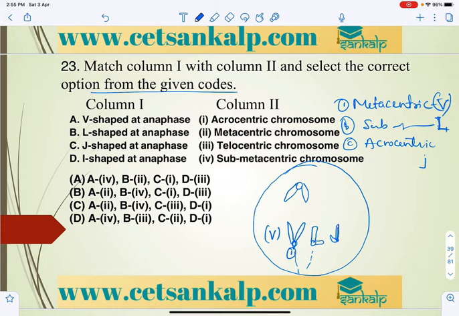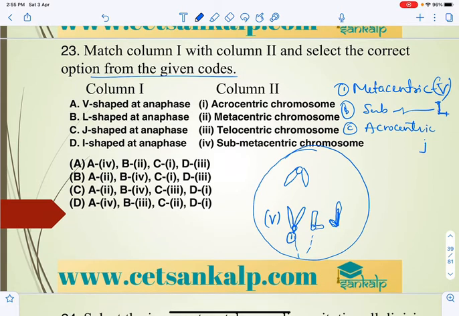One is completely long, the other one is very short, and in some it is I-shaped. So that is where we can say the centromere is towards the pole and the chromatids follow, during the anaphase. So V-shaped exactly we can say metacentric, submetacentric L shape, acrocentric J shape, and the last one telocentric, which is I shape.